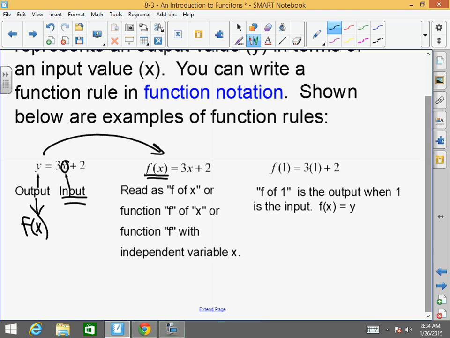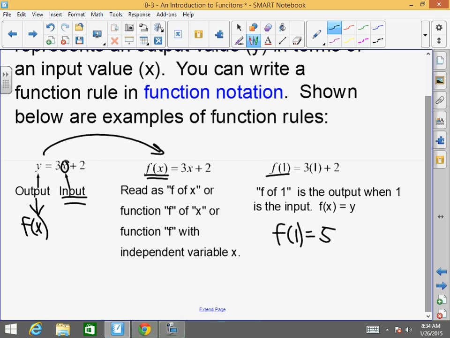Now, if I ask you, find the value of f of 1, what am I replacing the x with there, guys? 1. So I literally plug in 3 times 1 plus 2. So f of 1 would equal 5. Does that make sense, gentlemen?